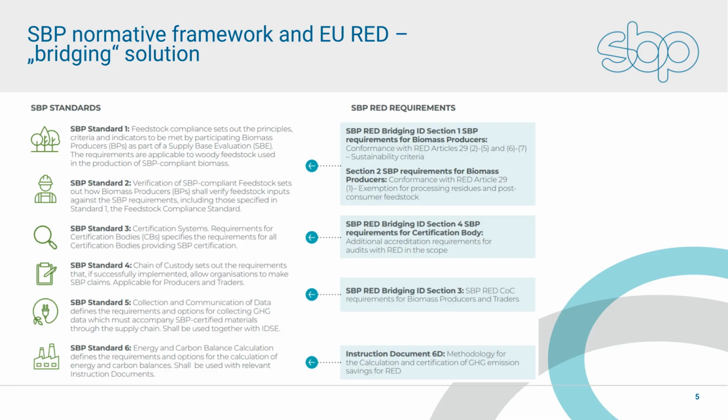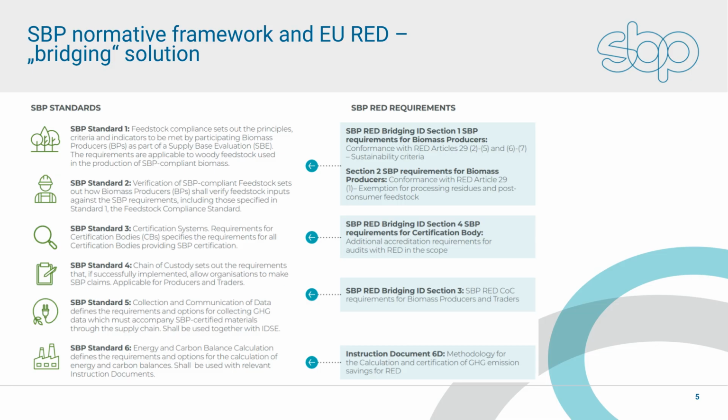EU assessors also explicitly preferred that voluntary schemes create a separate EU RED document set to simplify their assessment. Because the requirements in SBP standards and in EU RED do not always match, SBP chose to bridge or link them. This is where the name bridging instruction document comes from.